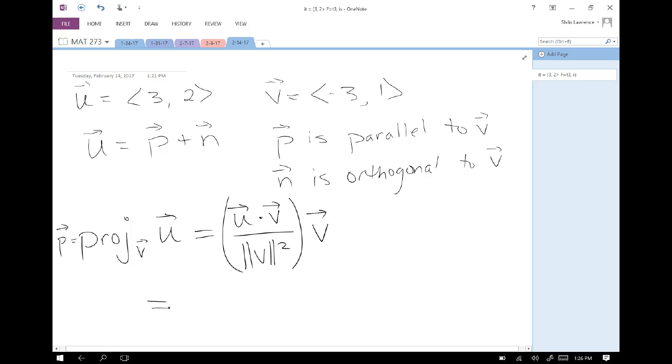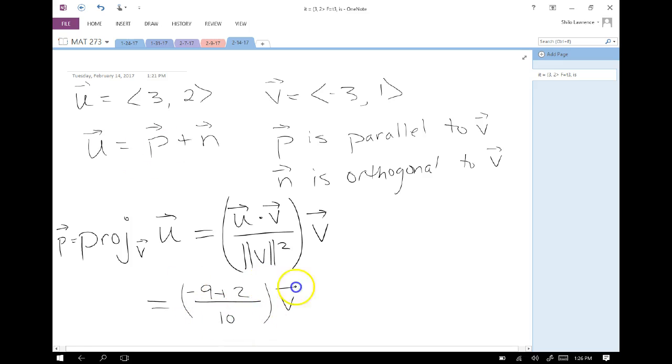So dot product on the top, so 3 times negative 3 is negative 9, and then 2 times 1 is 2. The magnitude of V is radical 10, and we're going to square it, so it's just going to be regular 10.